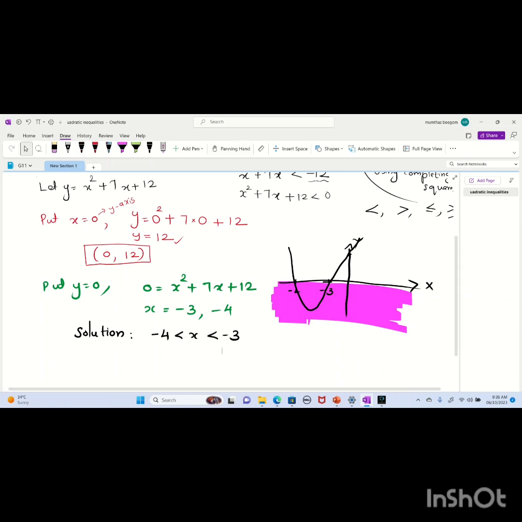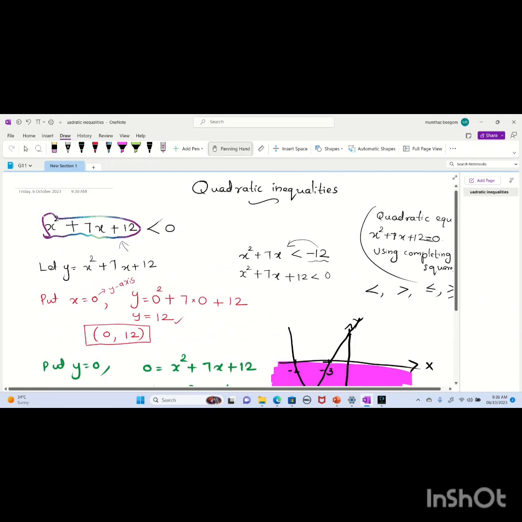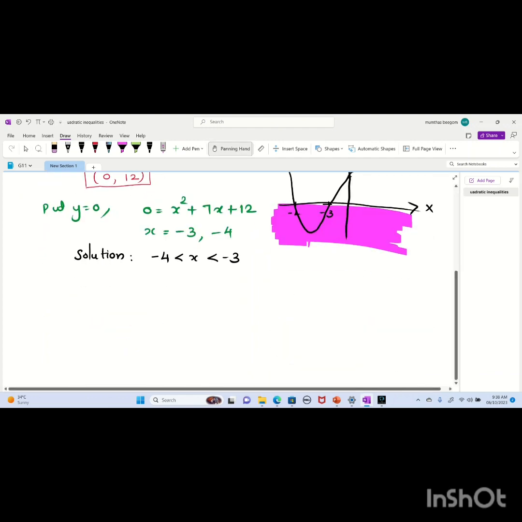Remember, if the question had less than or equal to instead of less than, then in the answer also we will take it less than or equal to. So we will write here minus 4 less than or equal to x less than or equal to minus 3.